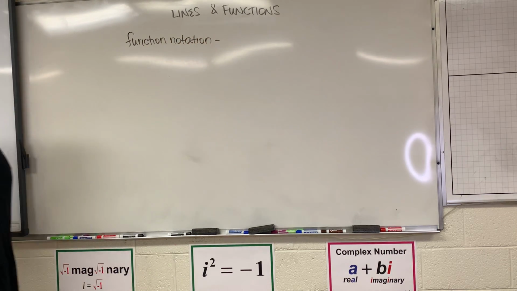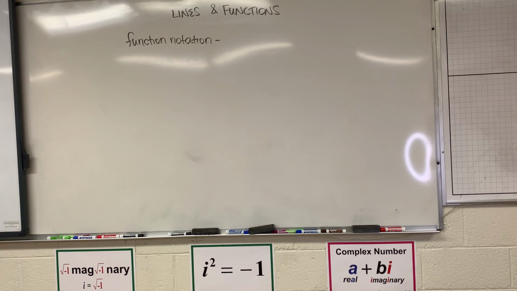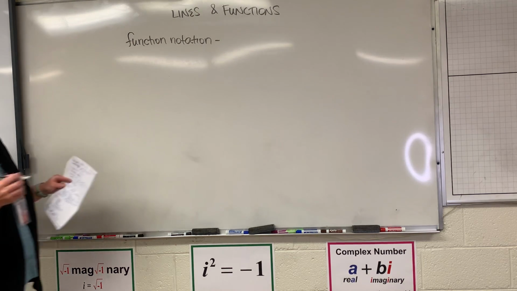All right, so for our function notation, remember it takes our dependent variable, y, and changes it to f of x, and names it, or g of x, or h of x, or whatever way you name it.